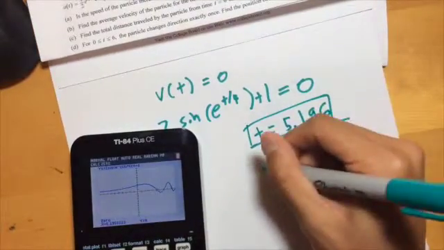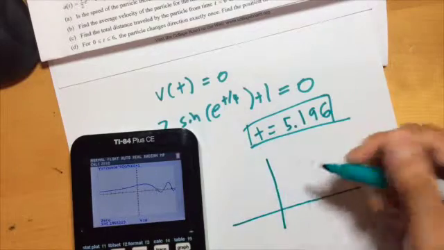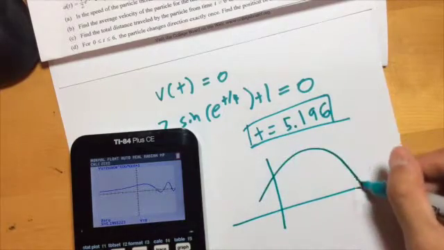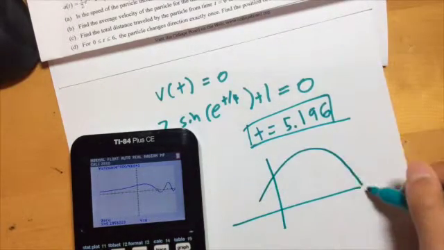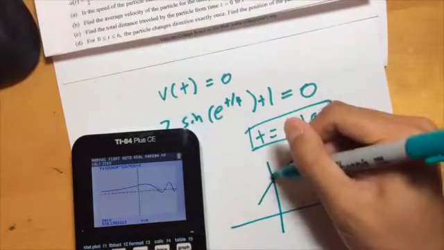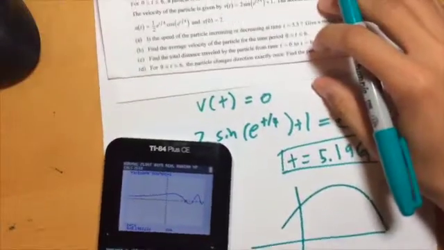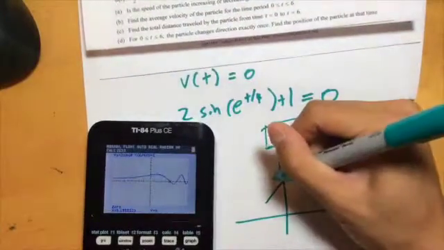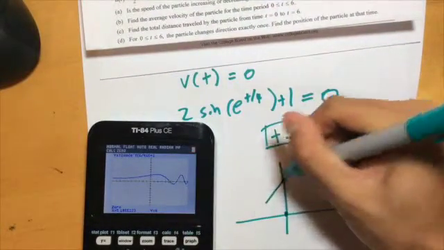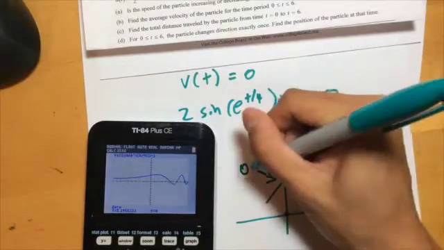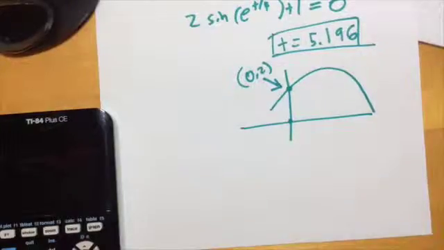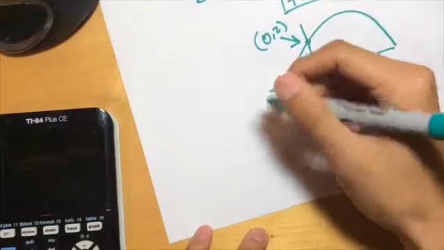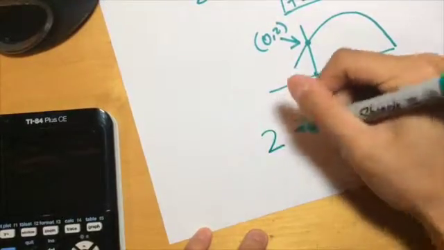Because you know this, the position graph is going to look something like this, with a positive slope going to a negative slope. And it gives you x of 0 equals 2. So you know that when x is 0, y is 2. By knowing this, to find the position, you take the initial.